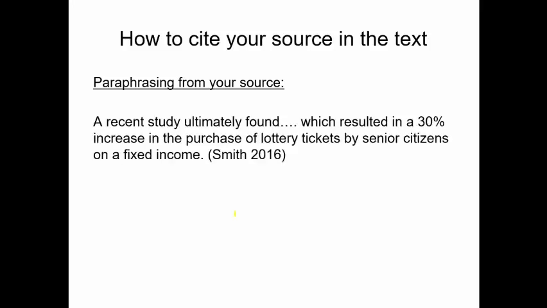When paraphrasing from your source, let's just say you're writing a paragraph and it's coming from this source, and by the time you get to the end of that little paragraph or passage, you'd say, oh, that came from, for example, Smith 2016. Then I would go to your reference page at the end of your paper, and I would look in alphabetical order, and I could see who Smith was and what that article was. And I'm covered. So that's really all I need.